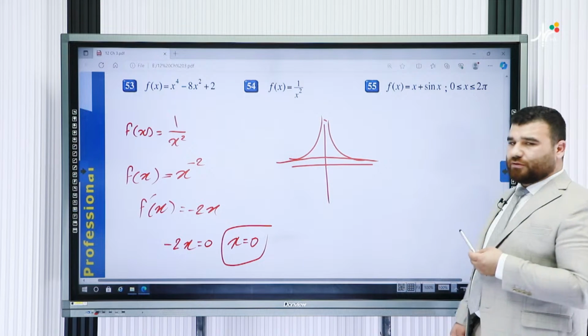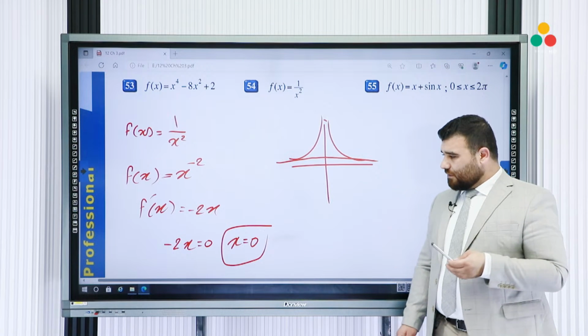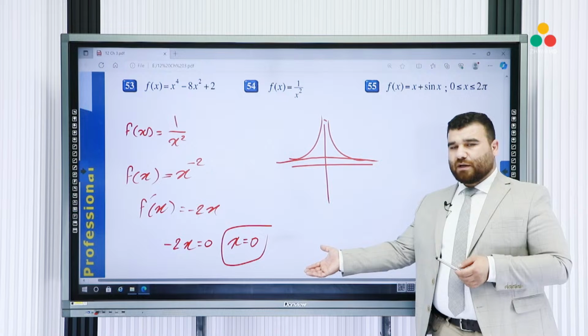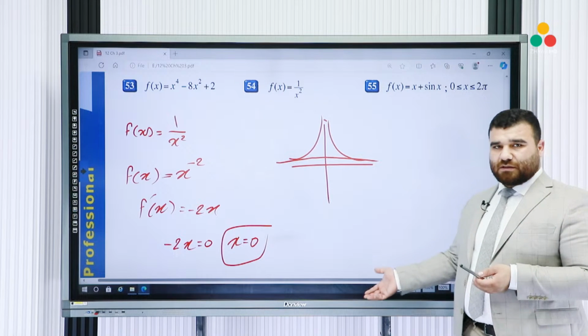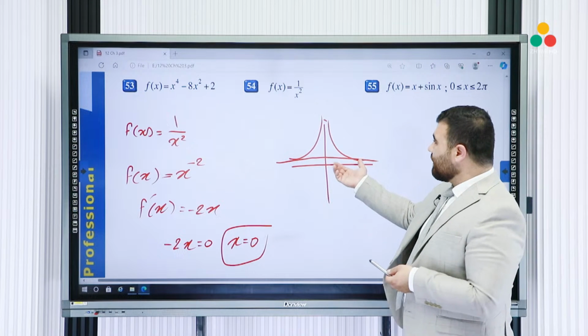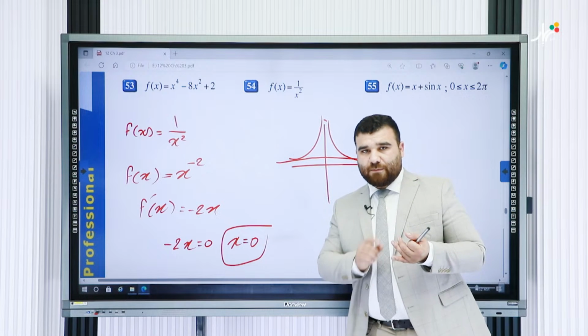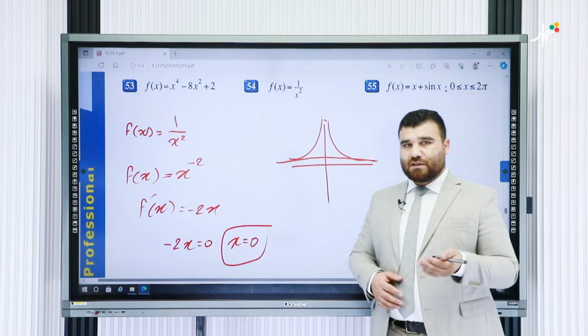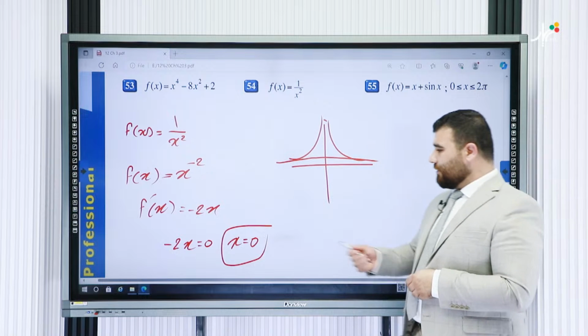The function is not continuous at 0. According to the calculations, we got 0, but this answer will be rejected because comparing to the graph, this function is not continuous at 0, means it has no tangent at 0. So this will be rejected.